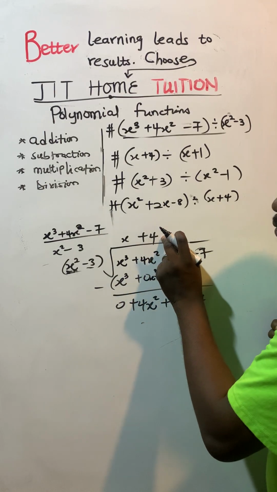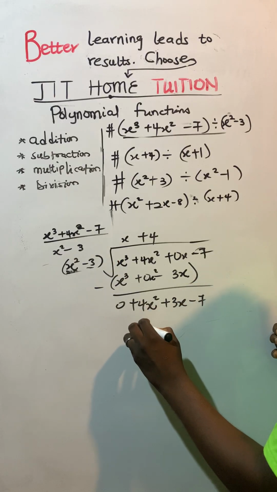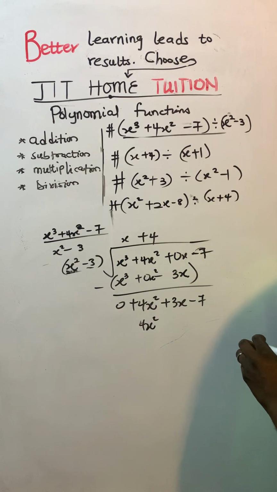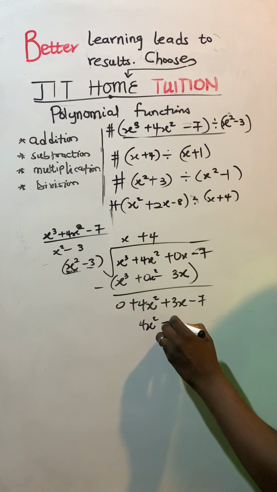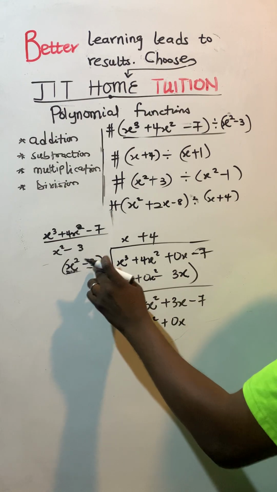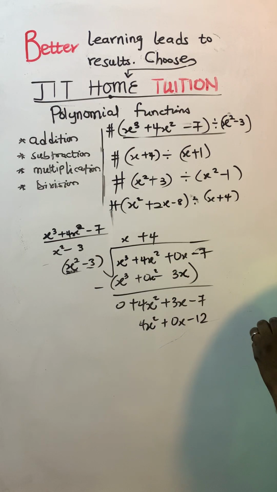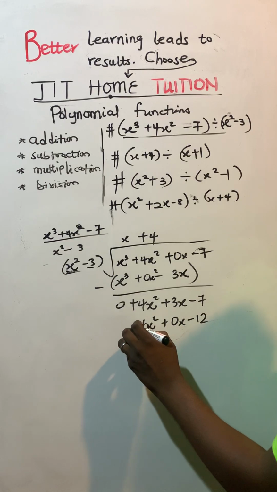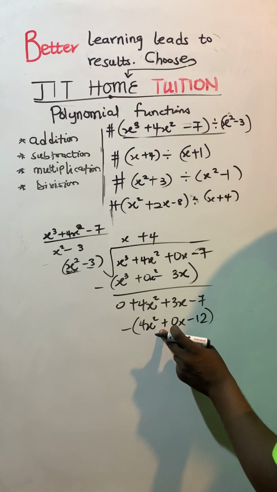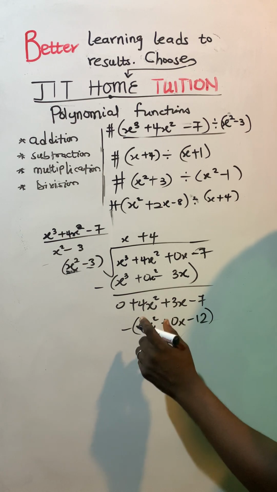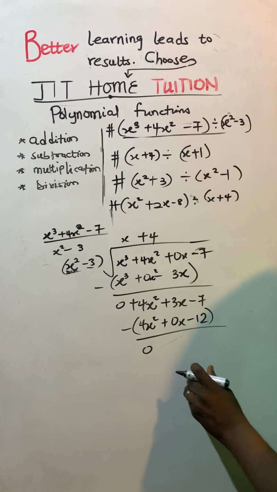So the 4 will multiply this, giving you 4x squared. The same 4 will multiply this, giving you negative 12. So you will subtract. 4x squared subtracted from that will give you 0.